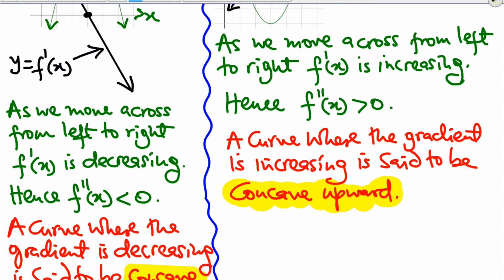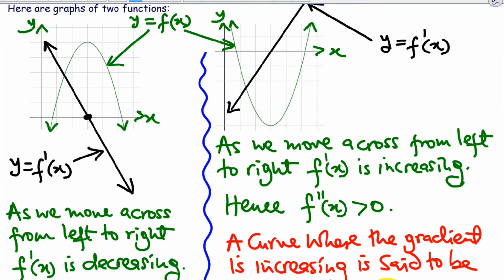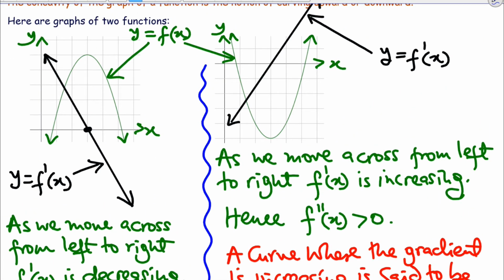So we can put these two statements together and generalize: if the gradient of the gradient, or the slope of the slope, is greater than zero on any given interval, then the graph of the function is concave upward on that interval.